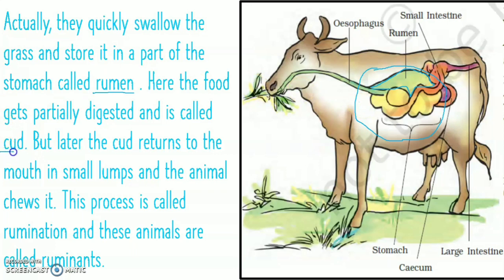But later the cud returns to the animal's mouth in small lumps, and the animal chews it. This process is known as rumination, and the animals which do rumination are known as ruminants.